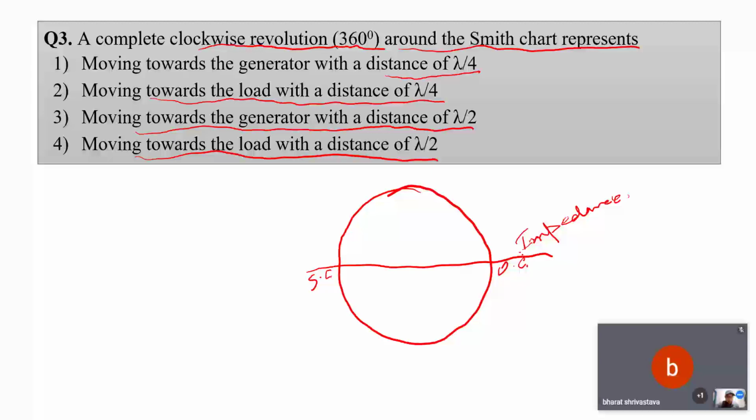On the outer periphery of this circle you will see an arrow has been given, and here it is written wavelength towards load, towards generator.